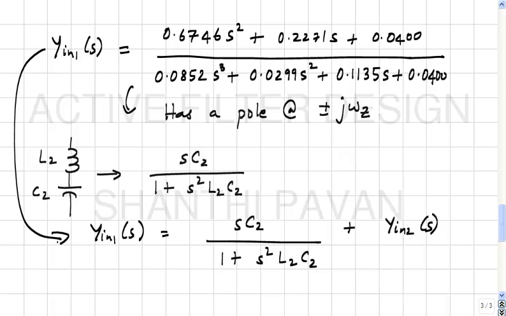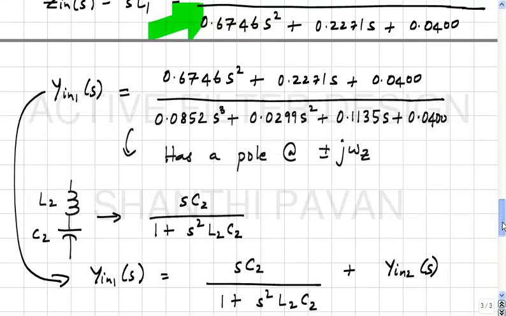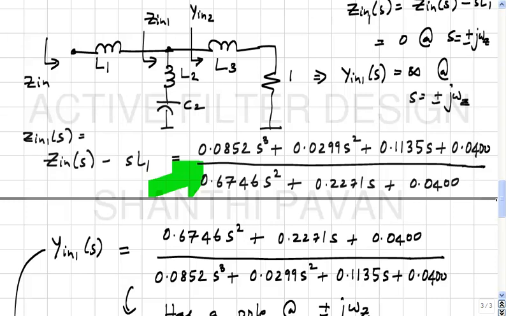Somebody remarked that as s tends to infinity, Yn2 is 0, but so is this character. What did we do in the LC case?